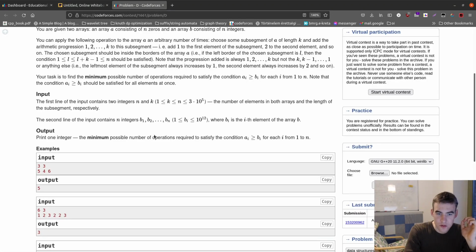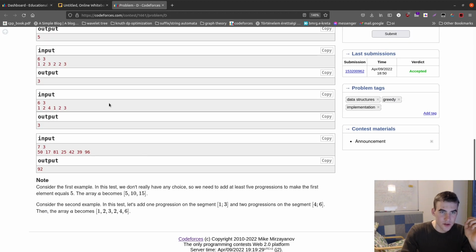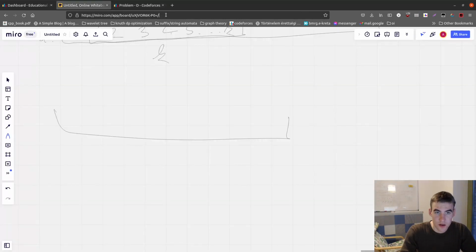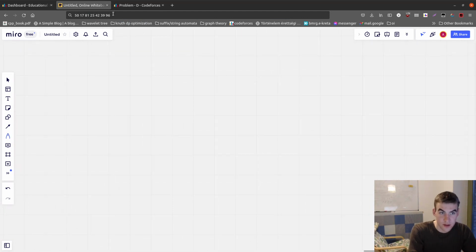There's a greedy solution to this, which uses the fact, and I'll try to draw this, but I won't remember the numbers. Okay, let's put it here, that's very smart, I think. So that's 50, 17, 81, 25, 42, 39, 96.